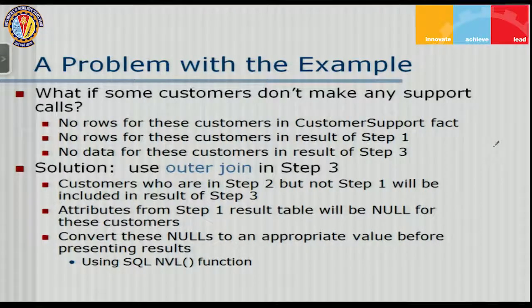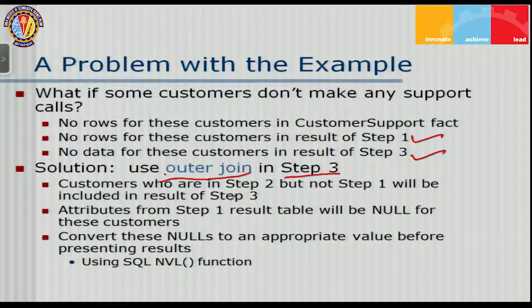Now there are some problems that I see with this particular example. What if some customers don't make any support calls? Then there would be no rows for these customers in the customer support fact, and therefore no rows for them in step 3. The solution is that instead of the conventional inner join, I do an outer join in step 3.